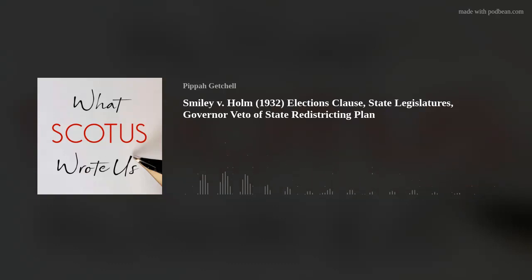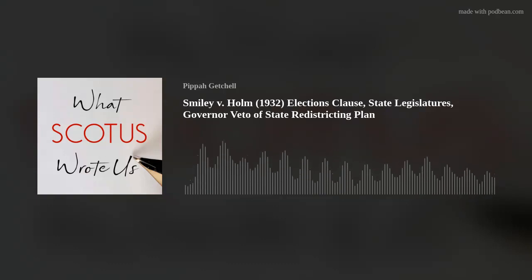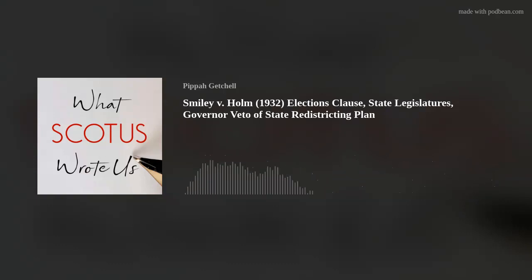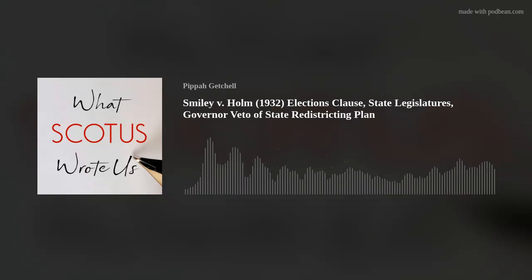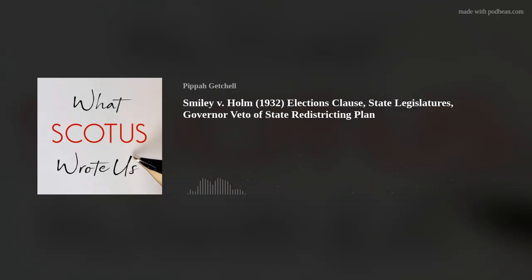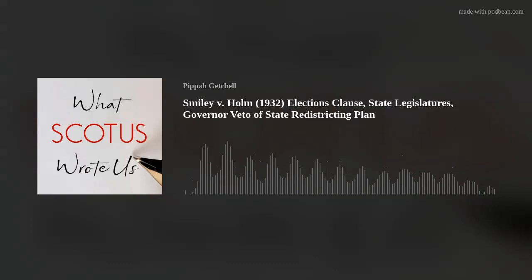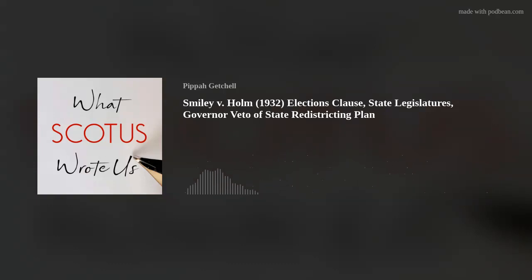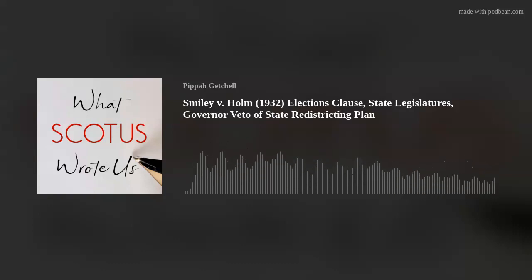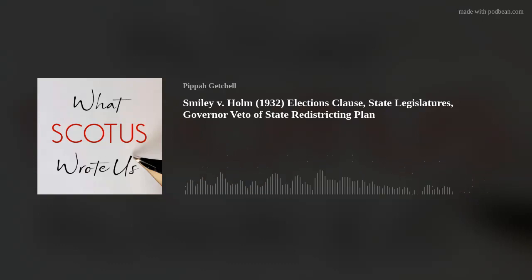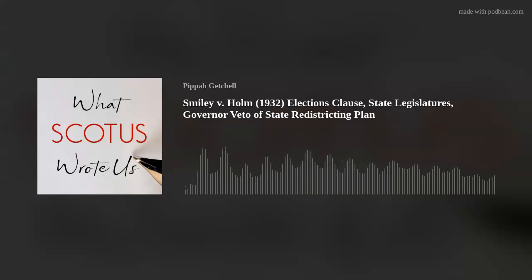The case of Davis v. Hildebrandt arose under the amendment of 1912 to the Constitution of Ohio, reserving the right by way of referendum to approve or disapprove by popular vote any law enacted by the General Assembly. The act passed by the General Assembly of Ohio in 1915, redistricting the state for the purpose of congressional elections, was disapproved under the referendum provision, and the validity of that action was challenged under Article 1, Section 4 of the Federal Constitution.